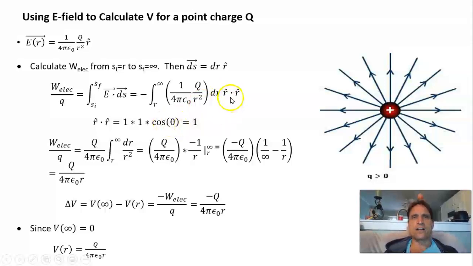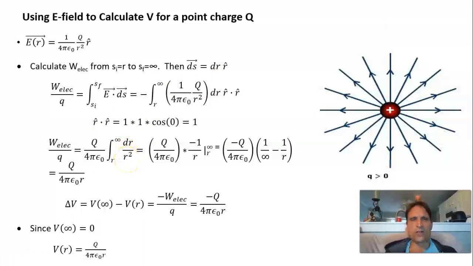And so the unit vector r dotted with r is 1. And so we're left with this integral of q over 4 pi epsilon naught r squared dr. Okay, now q is a constant and 4 pi epsilon naught is a constant, so we can pull that out of the integral. And now we've got the integral of dr over r squared.